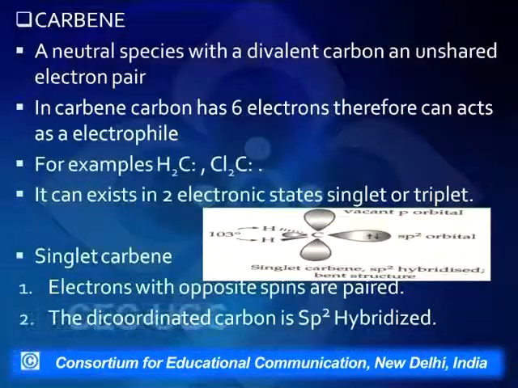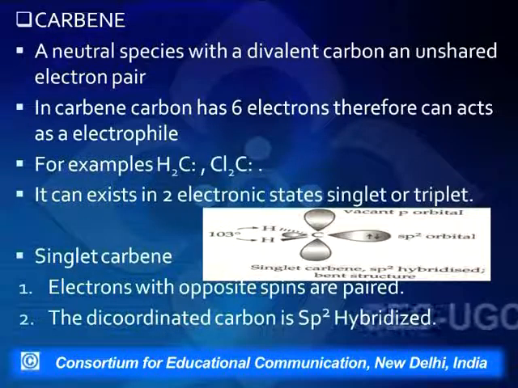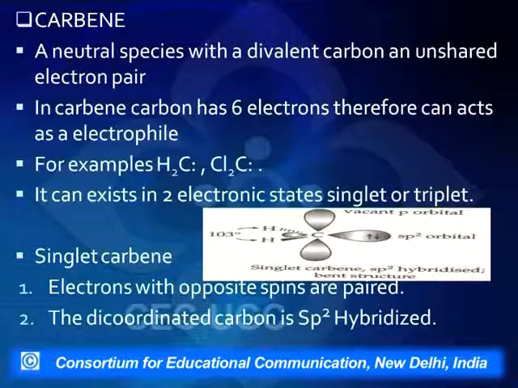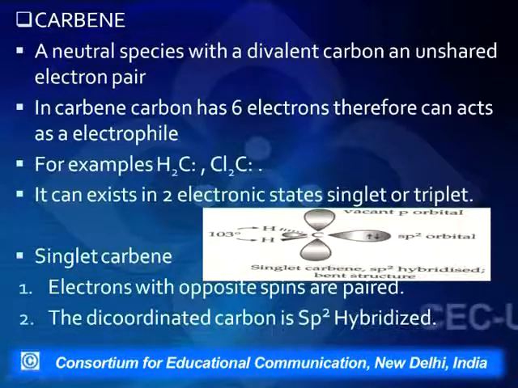Now when we talk of a carbene, it can be of 2 types: a singlet carbene or a triplet carbene. A singlet carbene is when the carbon is divalent, that is, bonded to 2 other atoms, and the odd electron pair is paired in an sp2 hybridized orbital.